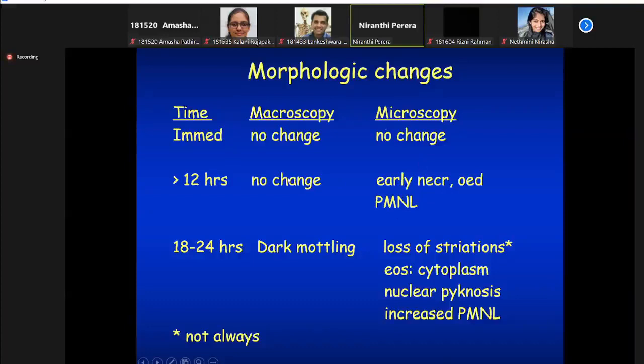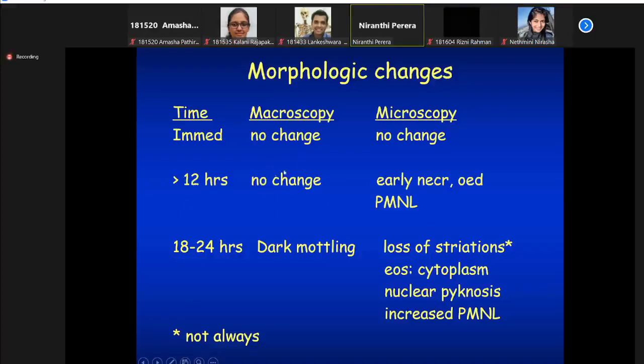So if a patient has severe chest pain, comes to hospital and dies of a myocardial infarction about 8 hours later, and they say we don't know why he died, let's do a post-mortem, you cut the heart and look at the myocardium, and you're not going to find any changes because he died at 8 hours.